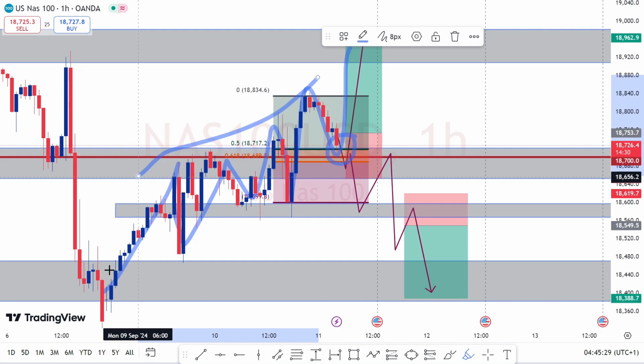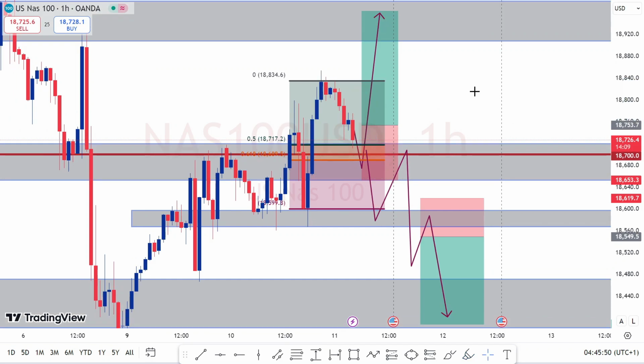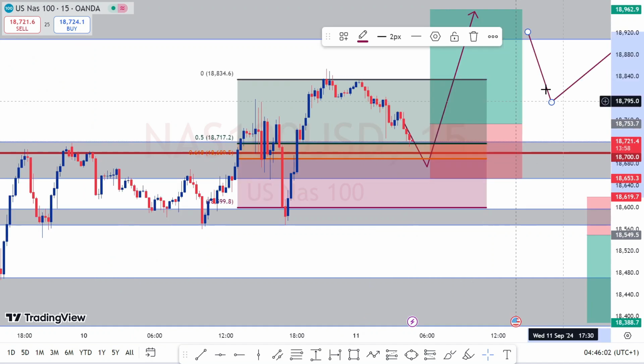If we are taking an execution based on this analysis, all our entries are taken on the 15 minutes time frame. Now if you step down to the 15 minutes time frame to see this more clearly, let me take this out so that you understand what I'm explaining.